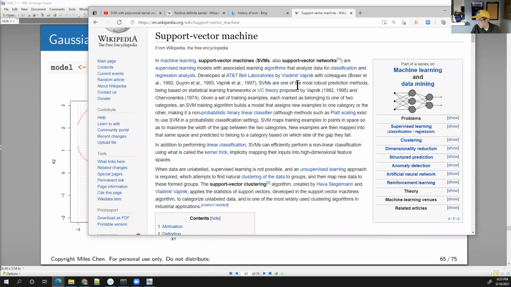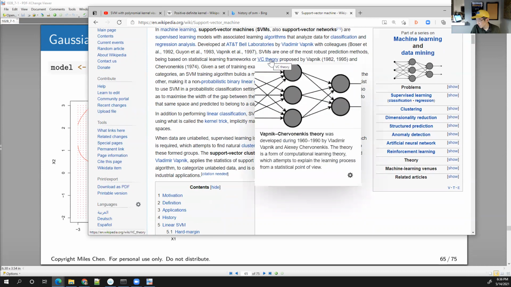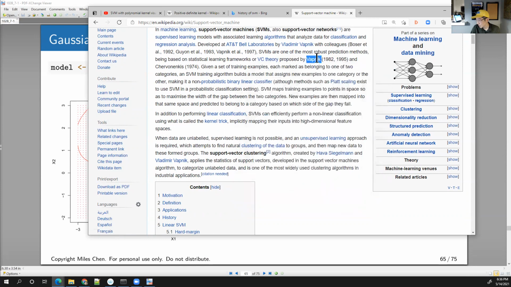Developed by Vladimir Vapnik in the 90s, okay? Supervised learning for classification is one of the most robust prediction methods, being based on statistical learning or VC theory, Vapnik-Chervonenkis theory. I don't know what that is. Proposed by Vapnik.